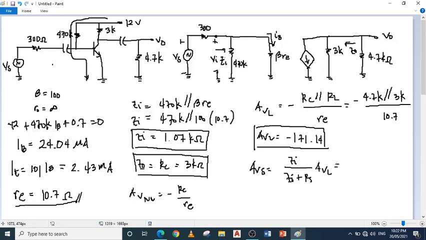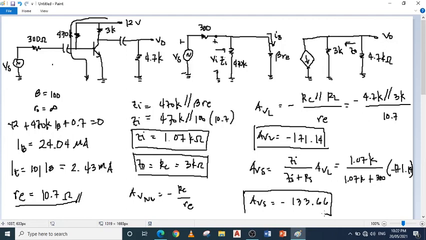Our ZI is 1.07K, so 1.07 kilo divided by 1.07 kilo plus 300, times the AVL we computed, which is negative 171.14. So our AVS is equal to negative 133.66.